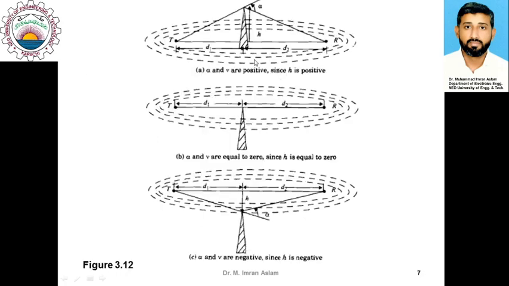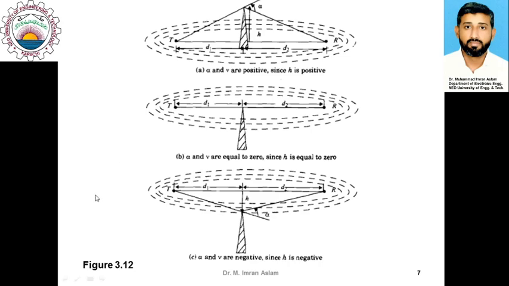If the Fresnel diffraction parameter is positive, that corresponds to high loss, meaning the obstruction blocks a significant amount of the Fresnel zones. If the Fresnel diffraction parameter is equal to 0, or the height of the obstruction is the same as the line of sight path, we still have a loss of 6 dB.